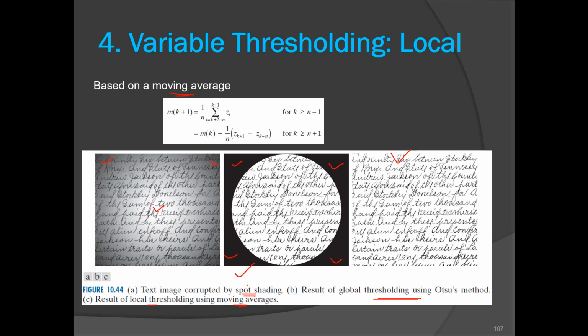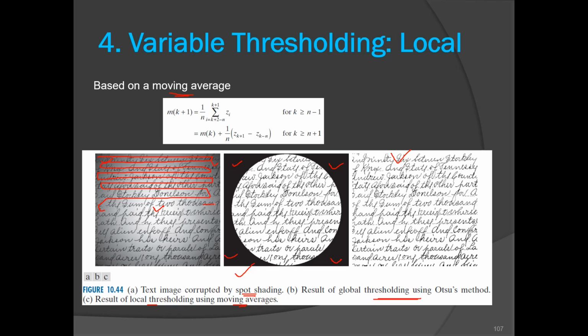Now what is the working of this moving average? Here we scan the input image row by row, but in a zigzag manner, and we keep finding the running average. Why are we moving in a zigzag manner?